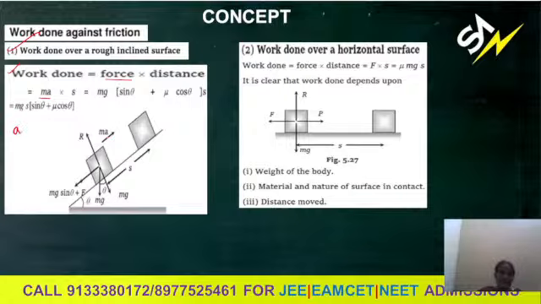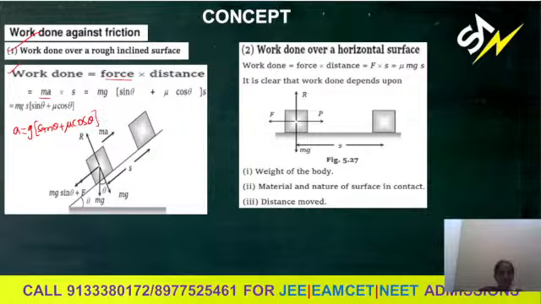In previous slides we have seen the acceleration on a rough inclined plane when it is moving up the inclined surface: that is g into sin theta plus mu cos theta.